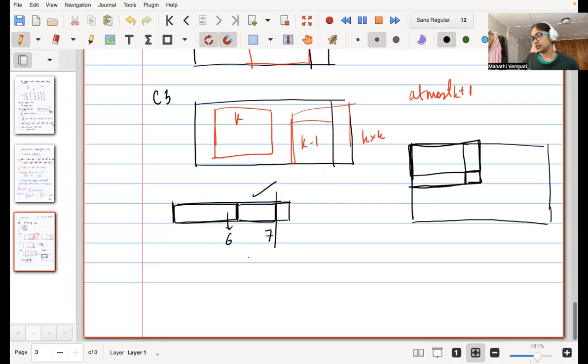Oh, sorry. Yeah, if this is A, B, C, if min of A is 6 and min of B is 3, then 3 must occur somewhere here. So then min of C equals 3.